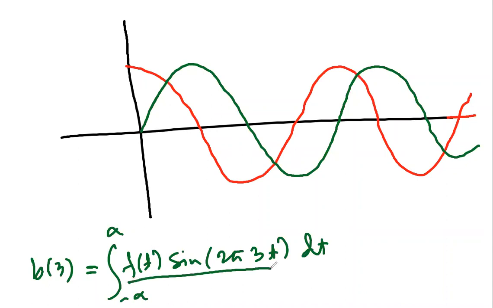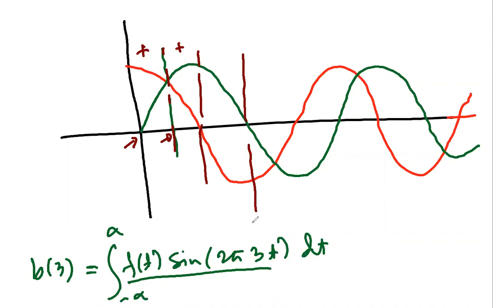So whenever you are multiplying those two, for this portion, what is the multiplication value, positive or negative, from 0 to this portion? Positive. From this point to this point? Again positive. From this point to this point, this is negative, because one is positive and another one is negative. So you have a negative value.